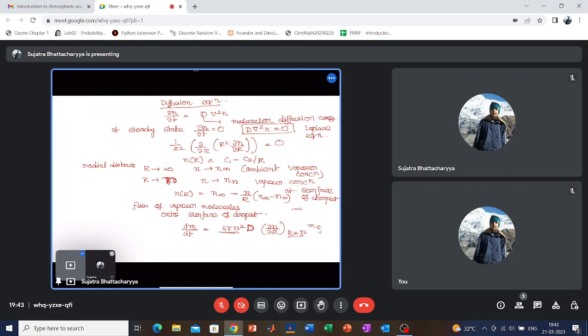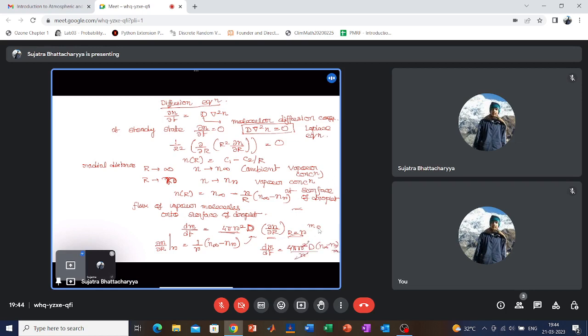Fine. Now, if you calculate this, del n by del r at small r comes out to be 1 by r, n infinity minus n r. If you put it in this, then we get dm dt equal to 4 pi r squared D, n infinity minus n r, into m naught, divided by r.